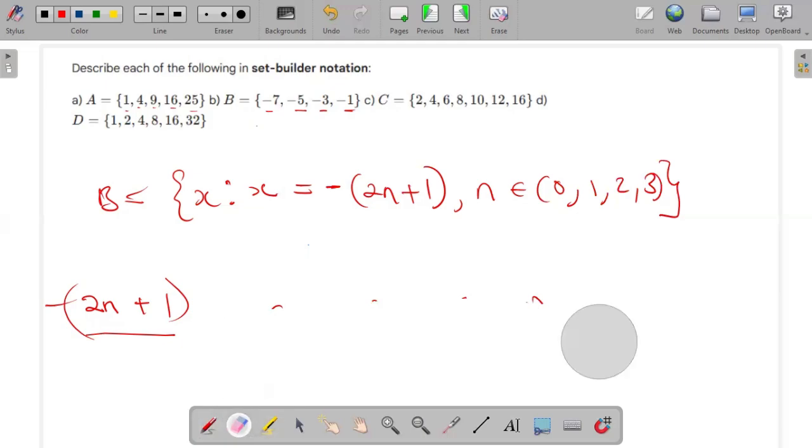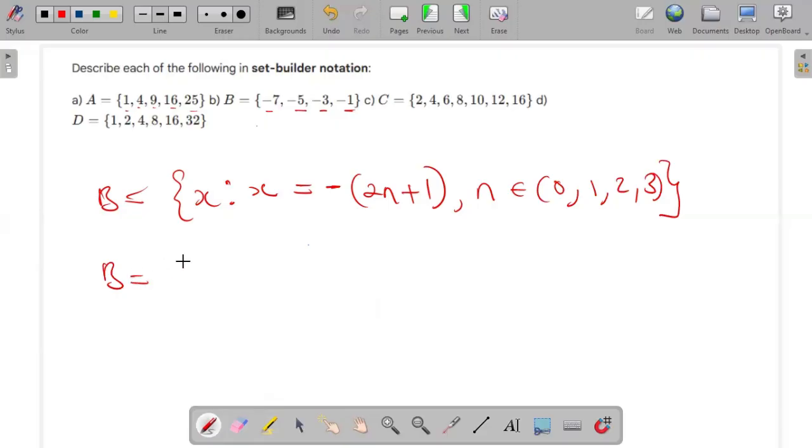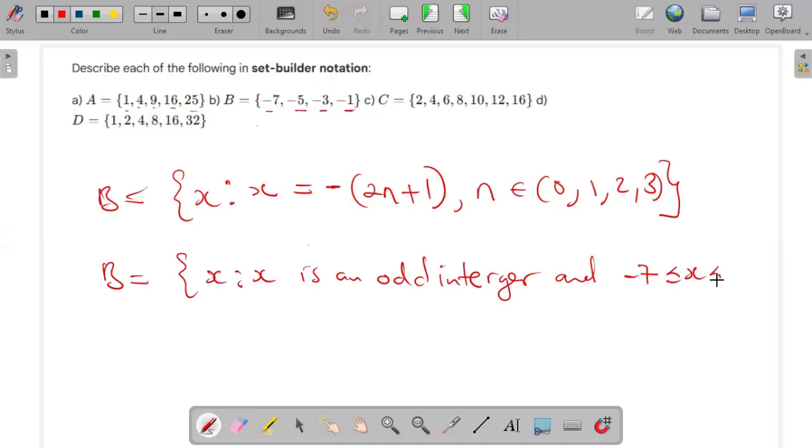So this is how you'd come up with this one. Or you would just state it to say B is actually X such that this X is an odd number. We know what odd numbers are, in this case an odd negative integer, and then you specify that it is in between -7 and -1.